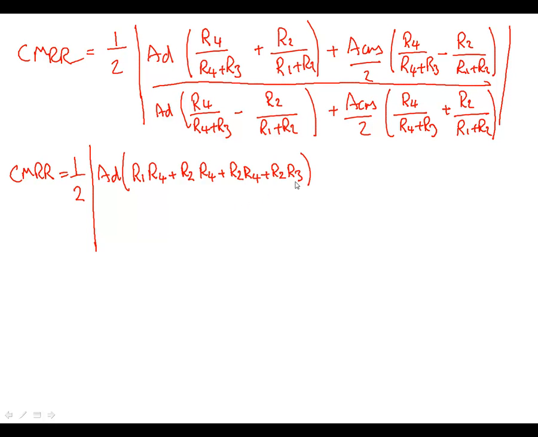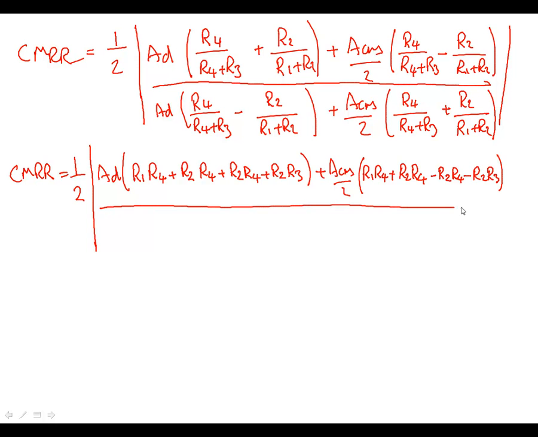Okay, plus ACM over 2, and the expansion inside this one is going to be R1 R4 plus R2 R4, this term, minus R2 R4 minus R2 R3. That's the numerator expanded. Let's do the denominator.